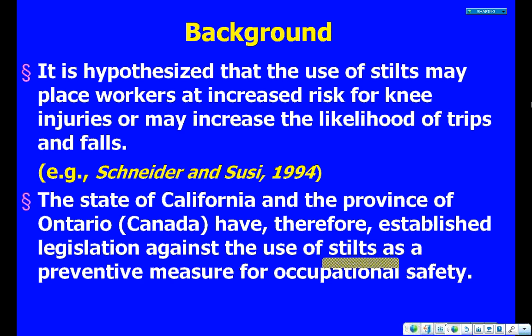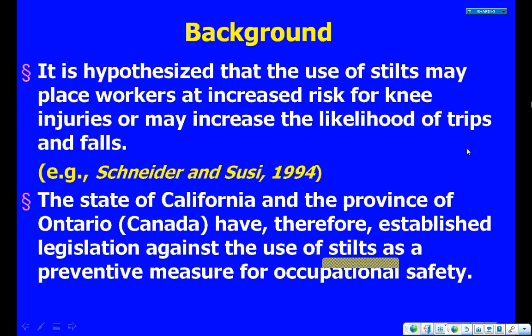It is hypothesized that the use of stilts may place workers at increased risk for knee injuries, and may also increase the likelihood of trips and falls. That seems intuitive because with stilts work, people put in more effort, so the leg gets fatigued more easily and is more likely to trip and fall.